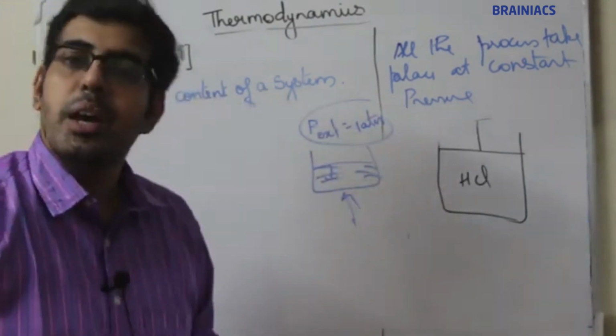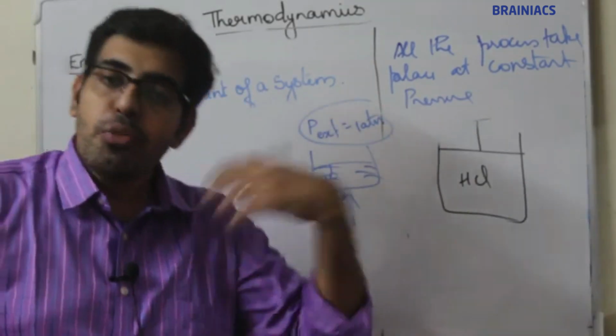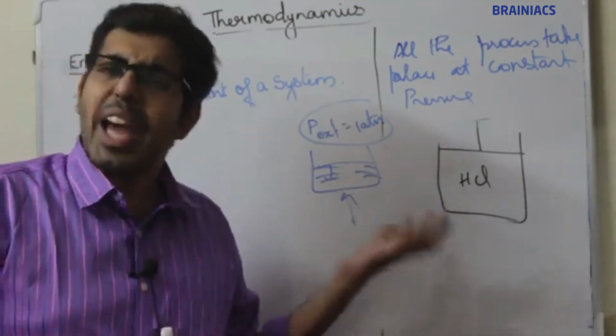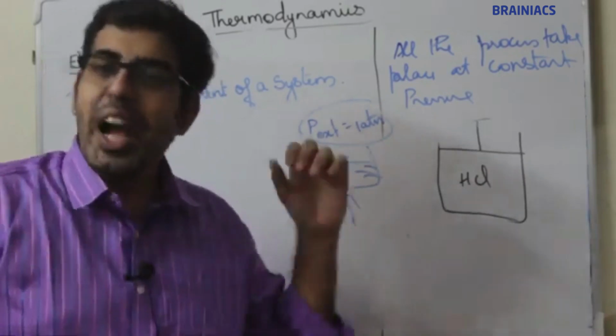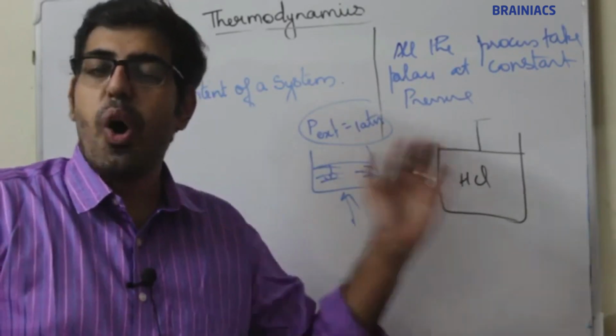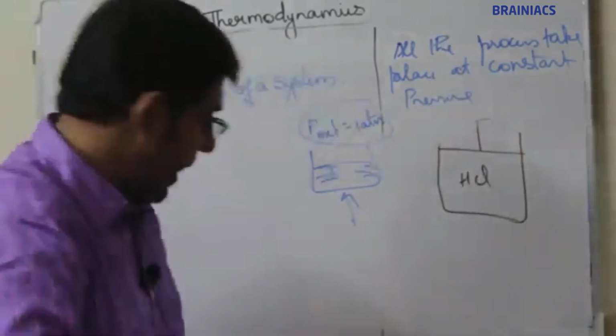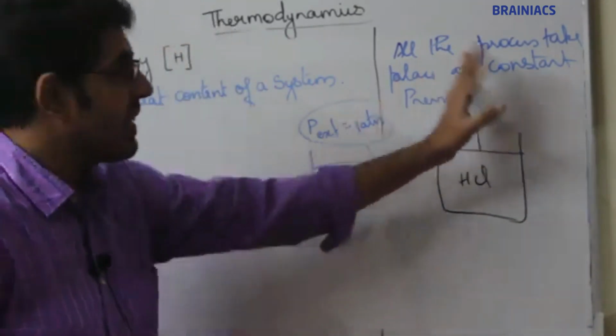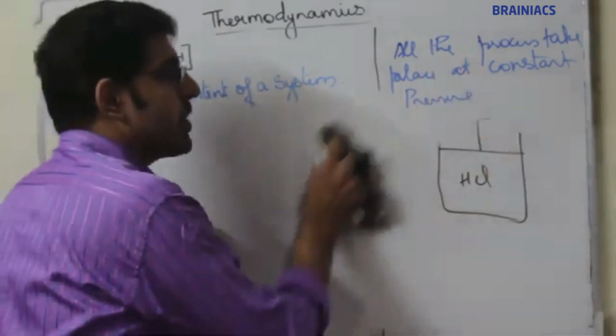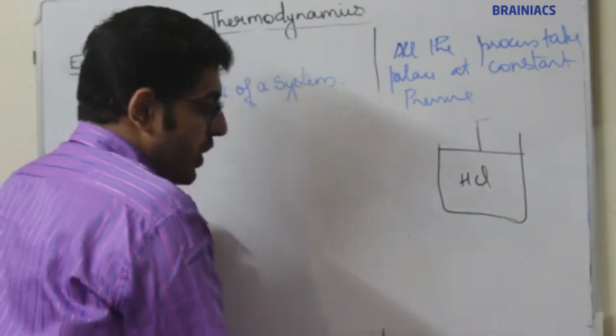Before heating water, pressure will be 1 atmosphere. After heating water also, the pressure of the atmosphere remains the same. So actually all the processes in the universe occur at constant pressure, not at constant volume. I think it's clear till here.